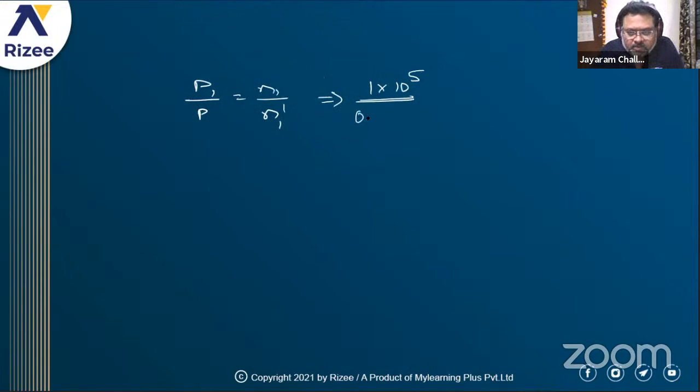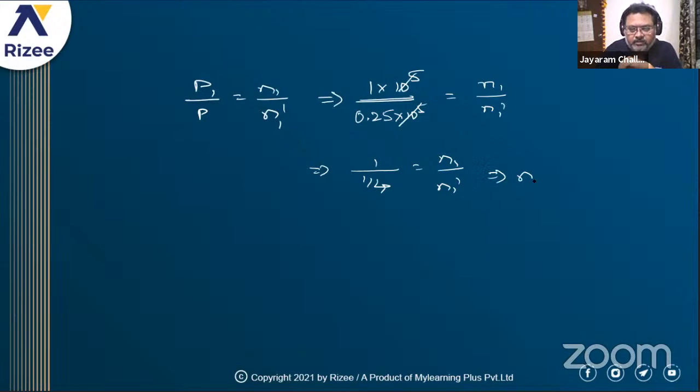So 0.25 into 10 to the power of 5 is equal to the initial number of moles N1 by N1 dash. These two things will go off here. So 0.25 can be written as 1 by 4. That is 1 by 4 is equal to N1 by N1 dash, or N1 dash is equal to 1 by 4 times N1. So this is the value of the final number of moles in the container A.